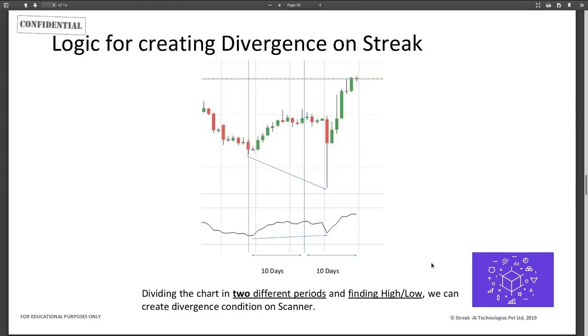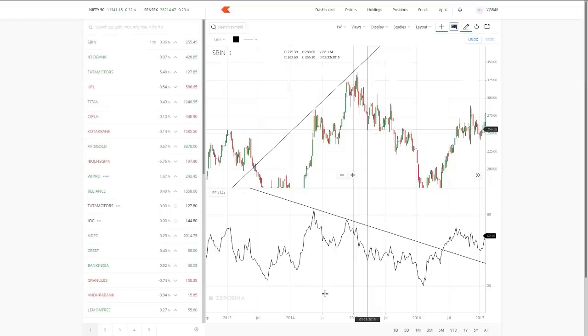Okay, now let's look at the logic of how to create divergence. And it's not just on Streak, but anywhere where you are analyzing divergence, this same concept applies. To identify divergence, first you have to consider the chart in two periods. Why do I say that?